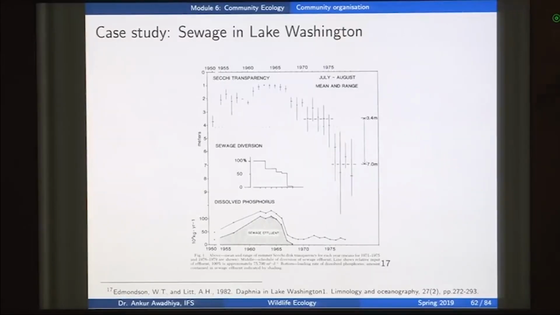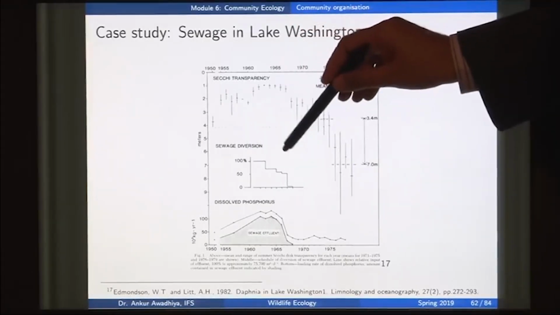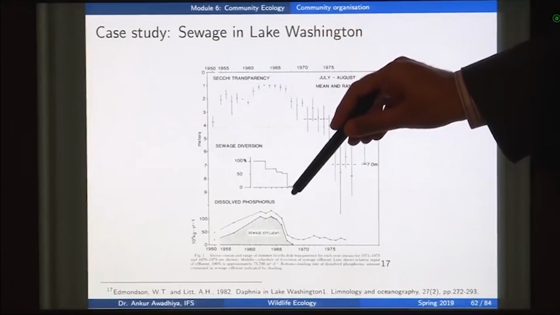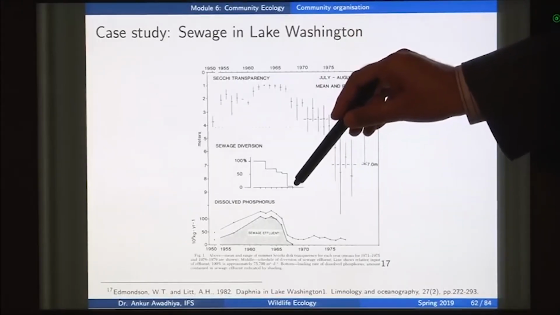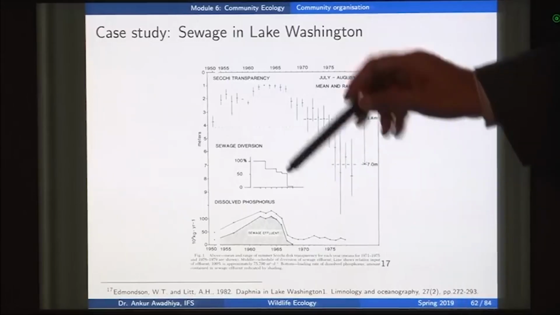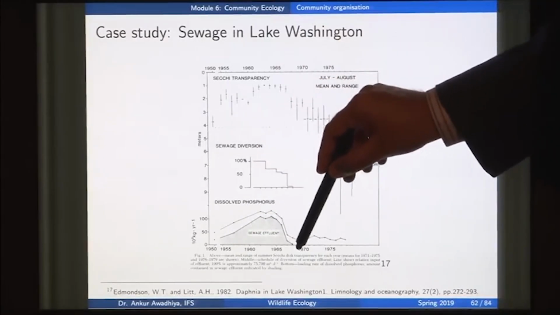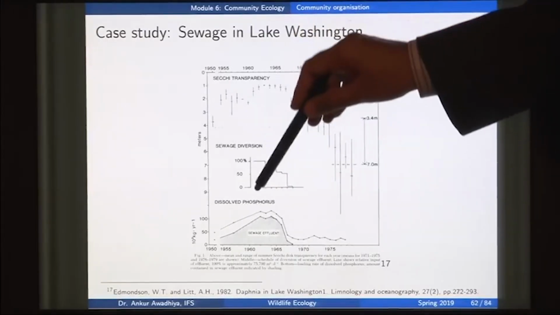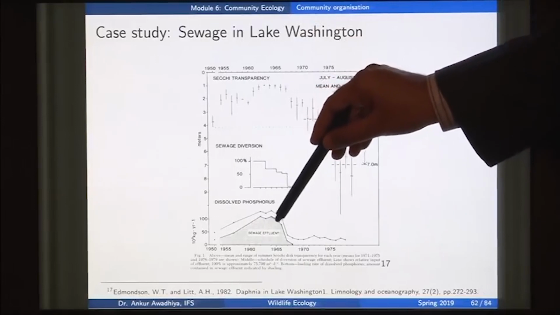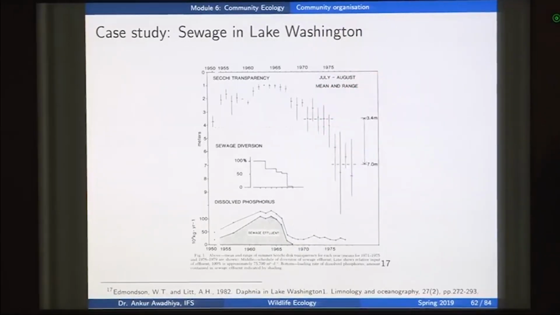So, this is showing you the amount of sewage that remains. After diversion, at this point you do not have any sewage being put into the system. This gray curve is telling you the sewage effluent that was there in the lake. At this point you have started reducing it, and after a while you do not have any other effluent being put into the lake.